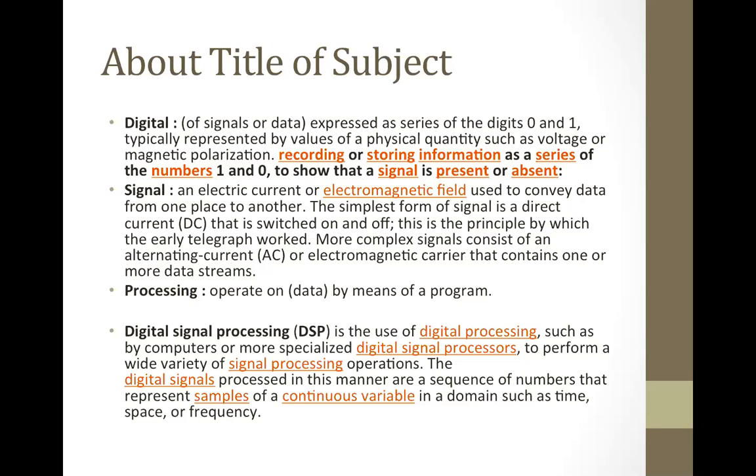These are the domains where we can extract the related information of the signal. Hardware here is nothing but digital signal processors, where we can embed or download the program, and with the help of this IC we can perform operations on the signal. This is considered under digital signal processing.